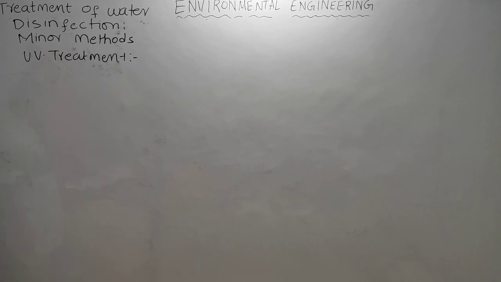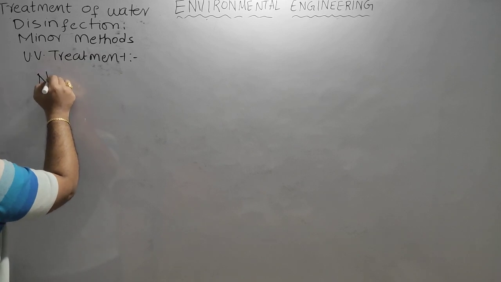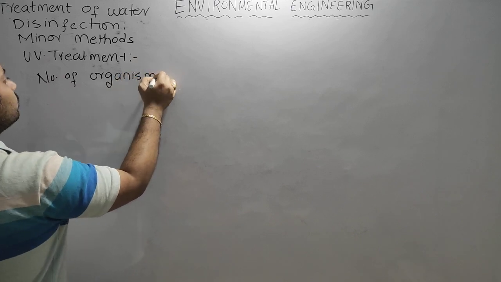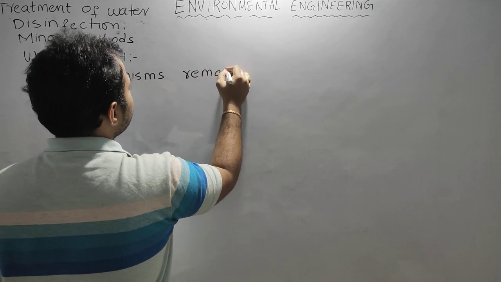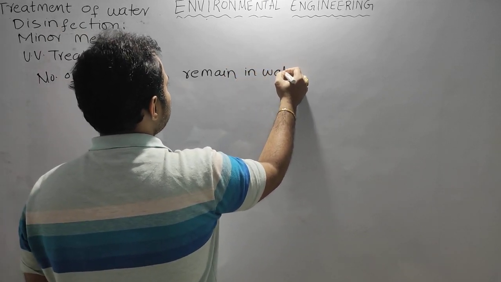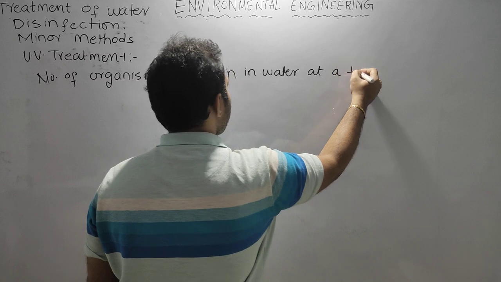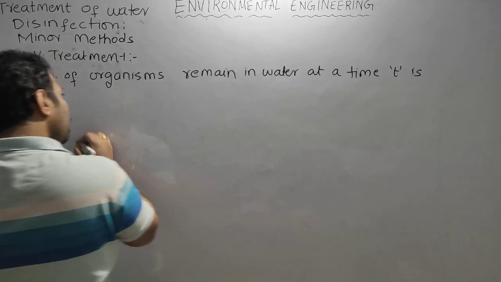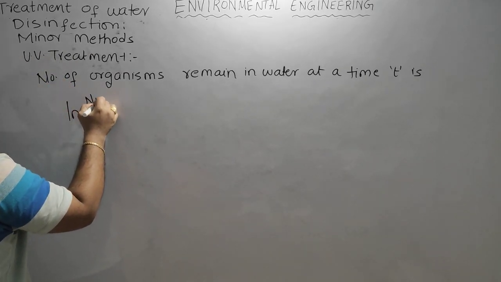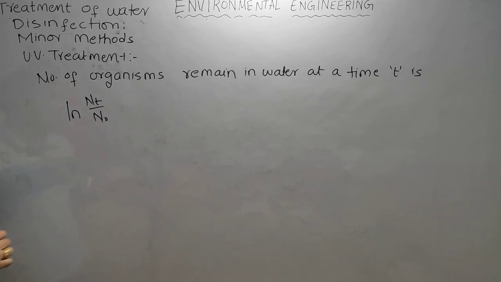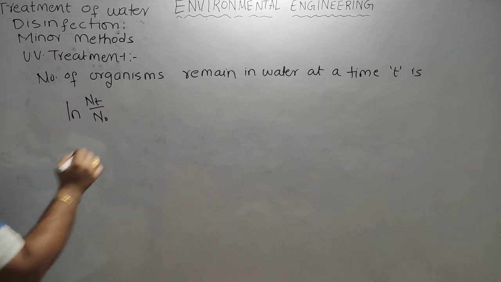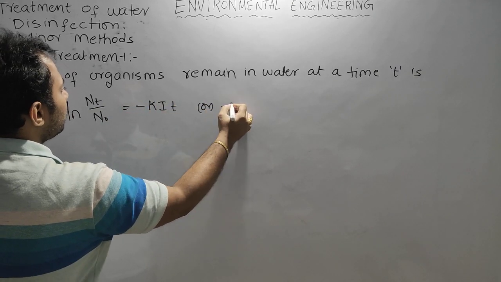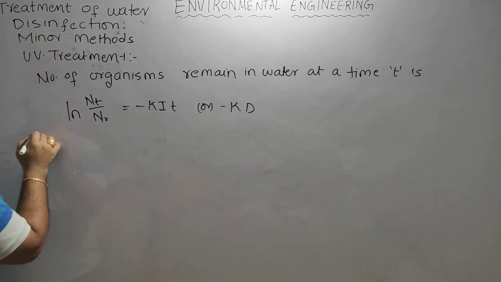So the number of organisms remaining in water at a time t is given by ln(Nt/N0) = -k I t, or it is also written as -k D. What is Nt?